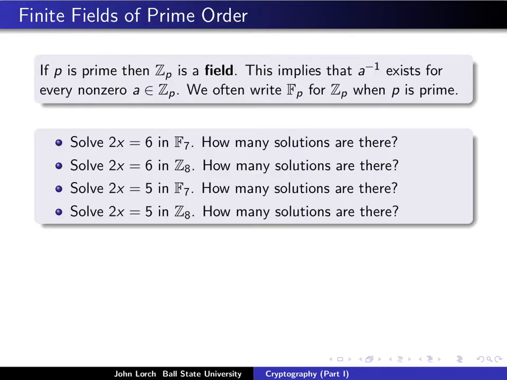So a couple of slides ago, we noticed that there are non-zero elements in Z8 that fail to have a multiplicative inverse. Now, those problems will disappear if we look at Zp, where p is a prime number. So if p is prime, then Zp is what we call a field.